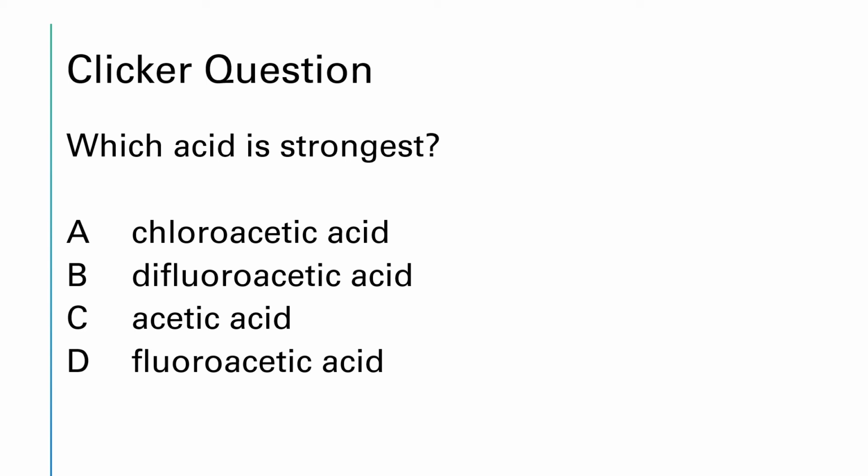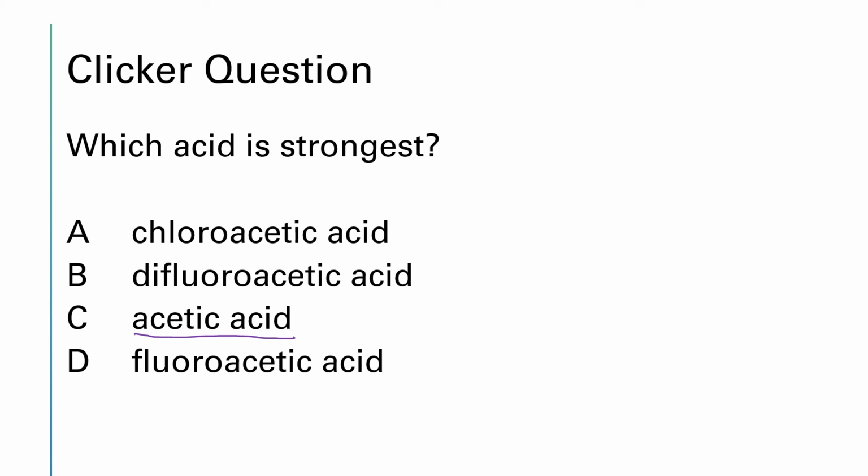So let's put that knowledge to the test here with these molecules. They are all based off of acetic acid. So acetic acid is kind of the starting point for comparing all of these. In molecule A, it's called chloroacetic acid, so that indicates that one of the hydrogens has been replaced with a chlorine. Chlorine is fairly electronegative.